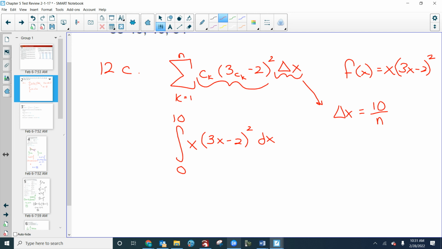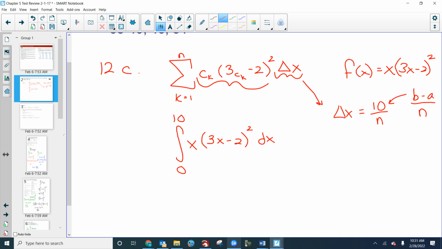Was it the length of the rectangle you're using? Yeah, so this came from b minus a over n. Oh, look, b minus a is 10 over n. So if I have a million rectangles, how wide are they? 10 over a million, whatever that is. If I have 10 rectangles, how wide are they?